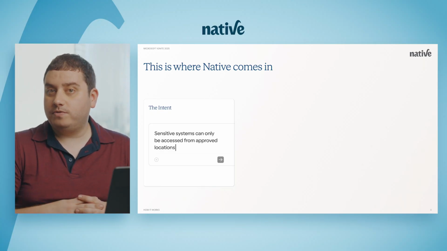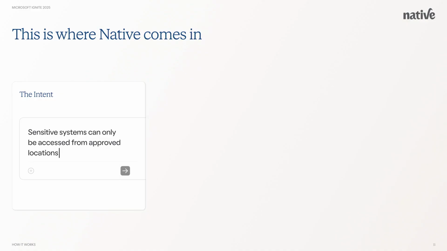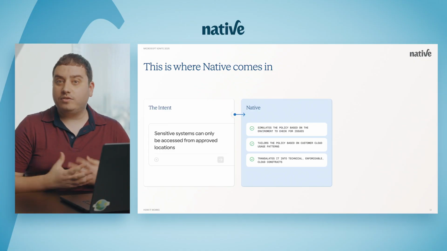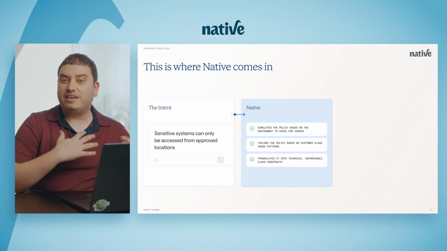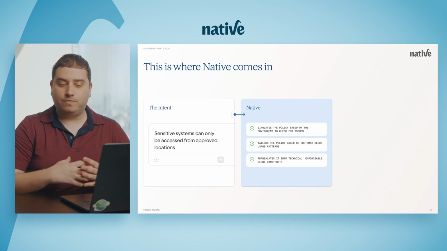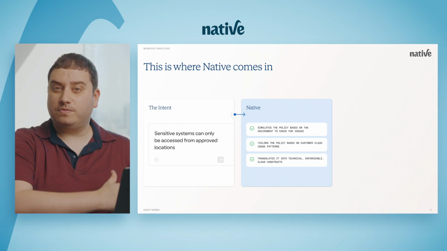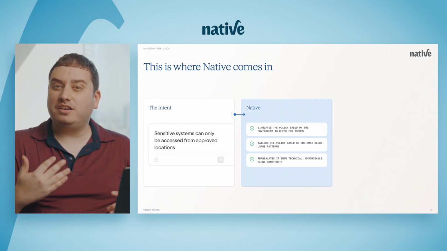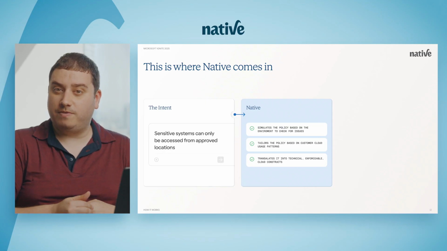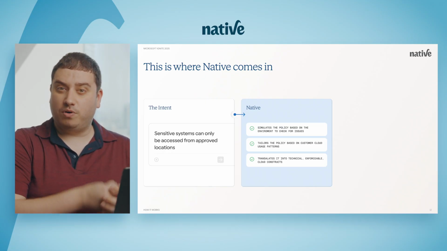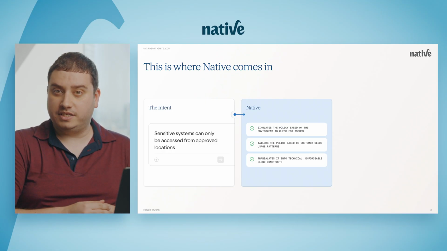So let's take one of those security intents. Sensitive systems can only be accessed from approved locations. When you put that into native, native not only translates that into the technical enforcement capabilities, but it also takes those and simulates them to understand their impact on the environment, and then using the result of the simulation, as well as other information that's collected on your cloud environment, native tailors the policy to make sure that there is no adverse impact.